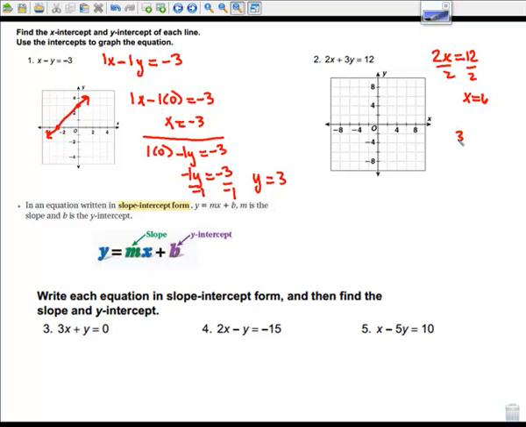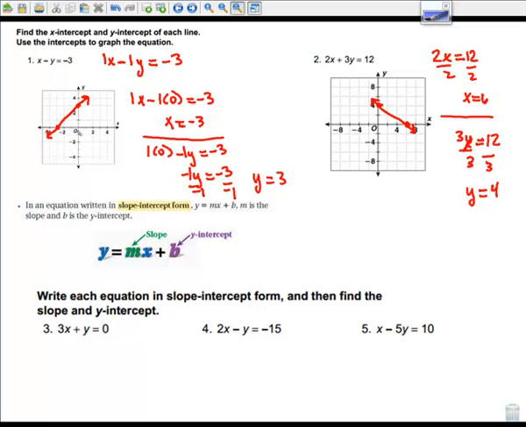So I have 3y equals 12. Divide by 3, and y equals 4. So the x-intercept is 6, the y-intercept is 4, and here is the equation graphed out there.